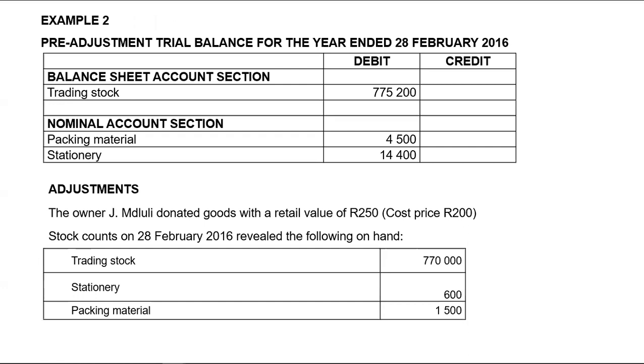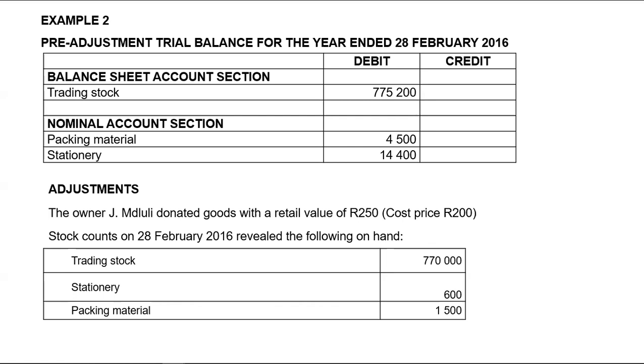I just want to go back to the question. And I want to record the first adjustment, which is about the owner, James Lully, donating goods. Highlight goods, because that tells you that we are donating trading stock. We are not donating stationery. We are not donating packing material. We are not donating cash.